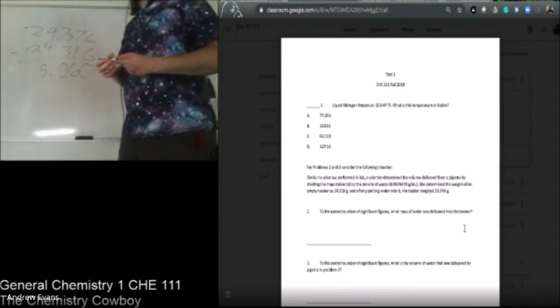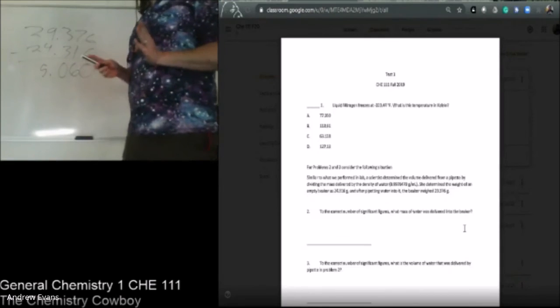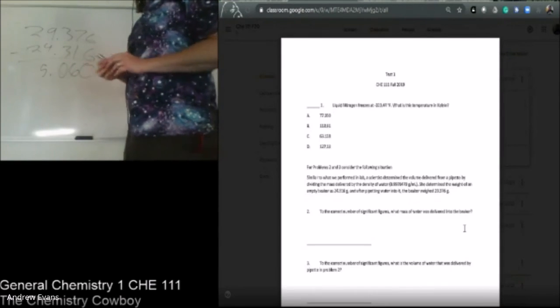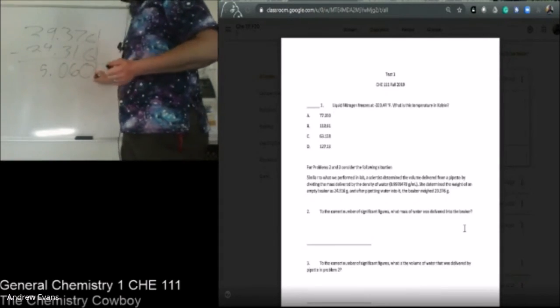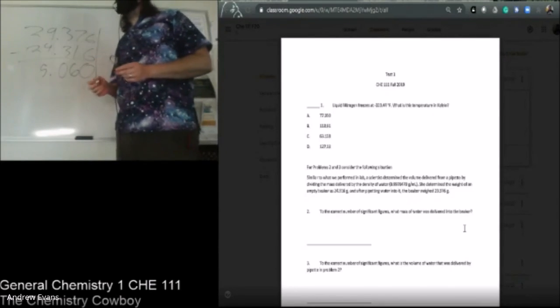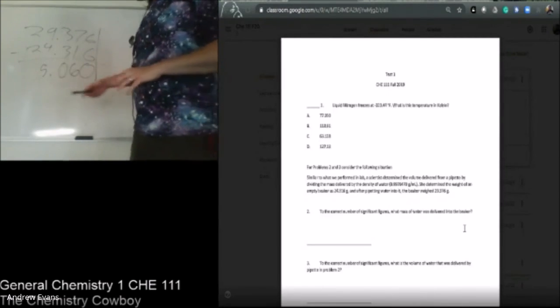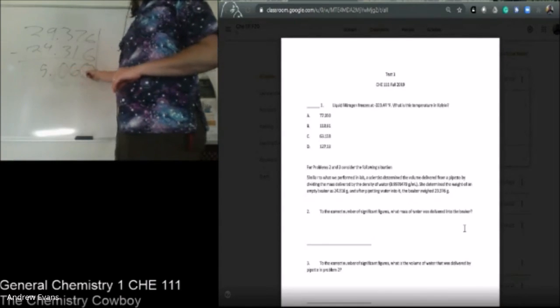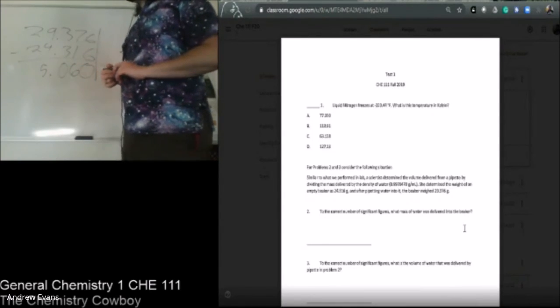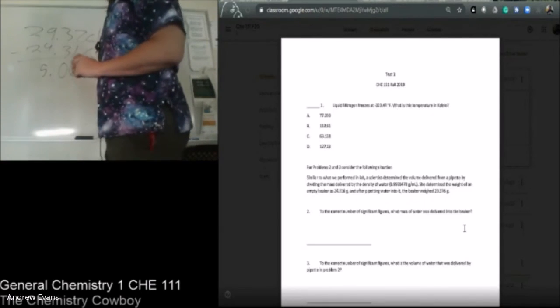Now here's the key thing. Just because that is 0 does not mean we lose that sig fig, because we lined them up. That's a 0 that we know is a 0, so don't leave that out. We should have 4 sig figs in our answer. Now, that would be question 2.